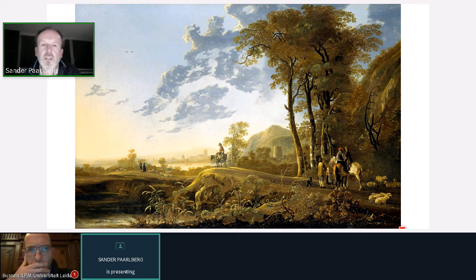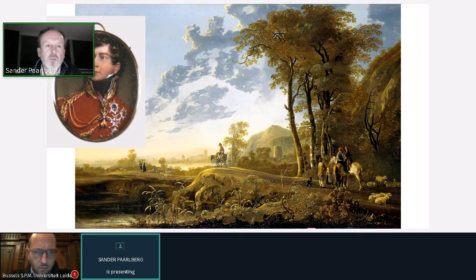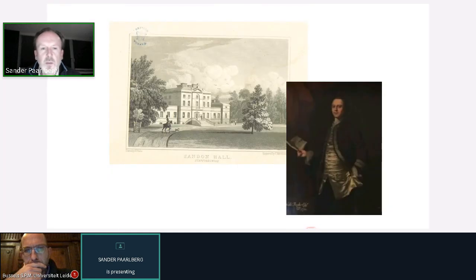So we have in the exhibition a portrait of the Marquess of Bute, who bought the Bute Cuyp from the National Gallery that I showed earlier on. But also we're going to show a very small miniature portrait of George IV, the English king, who bought this painting.